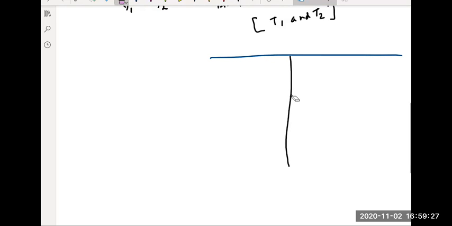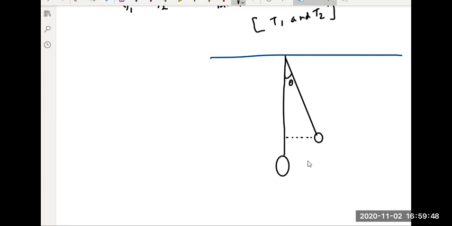Why can't I draw a straight line? Okay, I hope all of you have already solved this kind of problem, right?